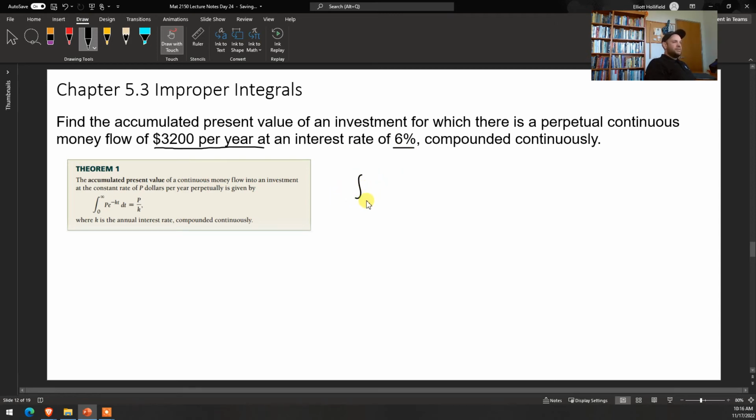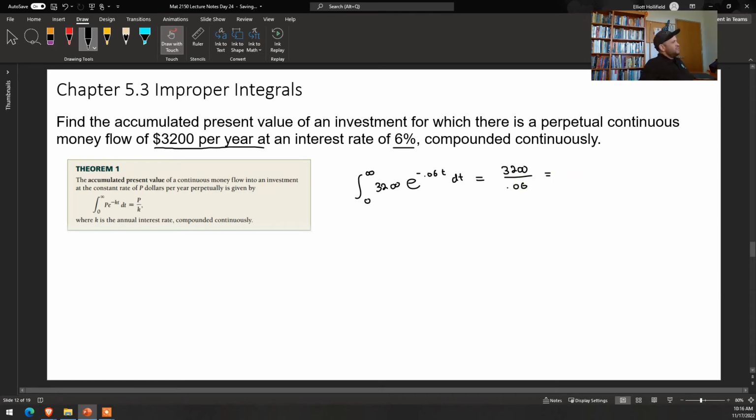As an integral, that is the integral from 0 to infinity of 3,200 times e raised to the minus 0.06 times t dt. What that gives us will just be the p, 3,200, divided by k, which is 0.06, by our rule.